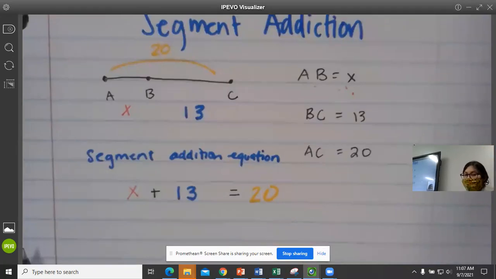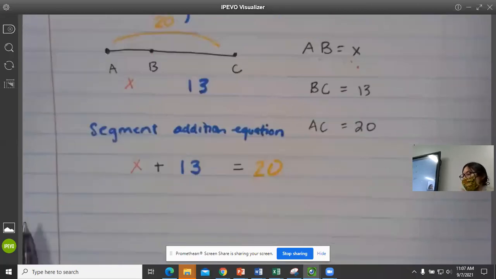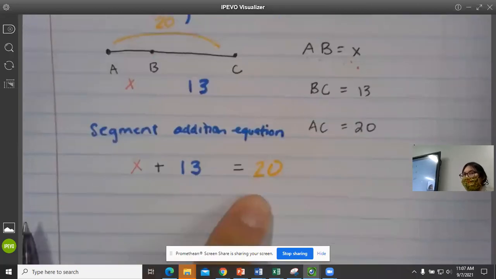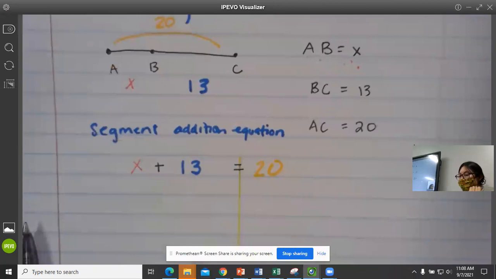Okay, so what we're going to do next is solve. So you could do this in your head. What number plus 13 is 20? Or like the other ones that are going to maybe need you to solve like an equation. You'll have a couple of different kinds on your test and your ticket out. Like this one, I think you could do it in your head. You don't have to do this part. But we're going to go ahead and move the 13 because it's positive.